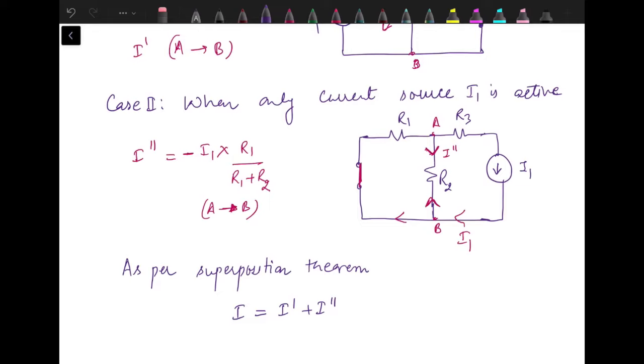So this is how we apply the superposition theorem. Similarly, we can calculate the voltages as well if it is asked in the question to find out the voltage using superposition theorem.